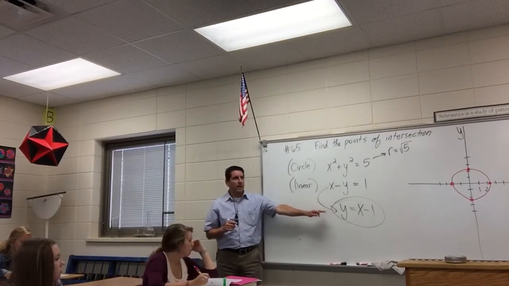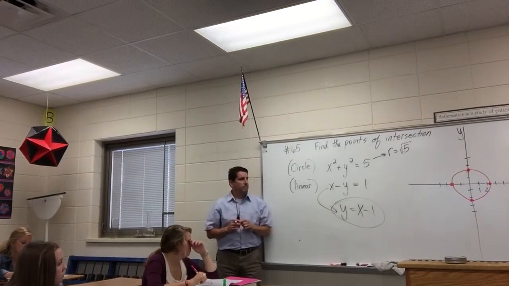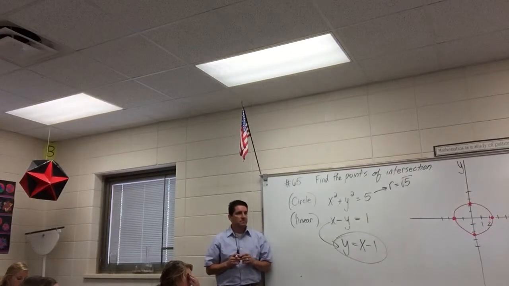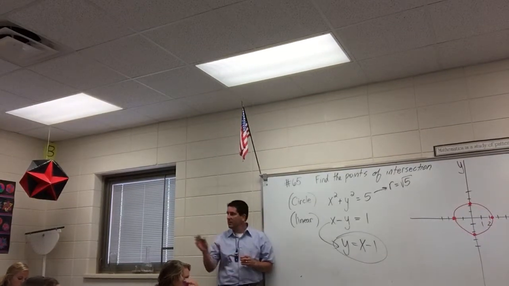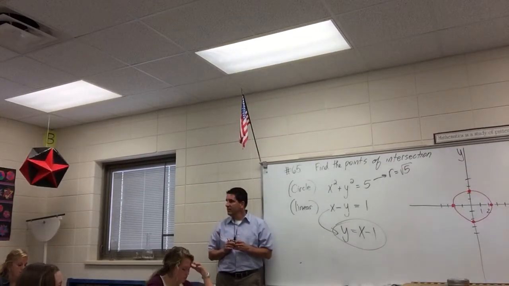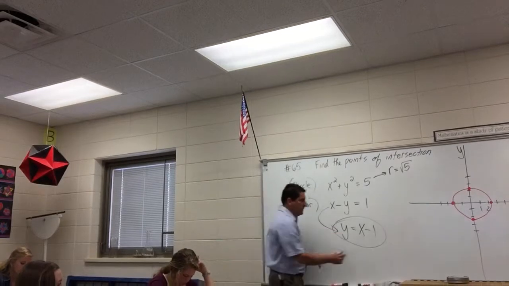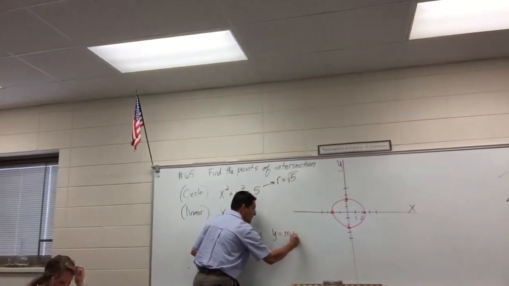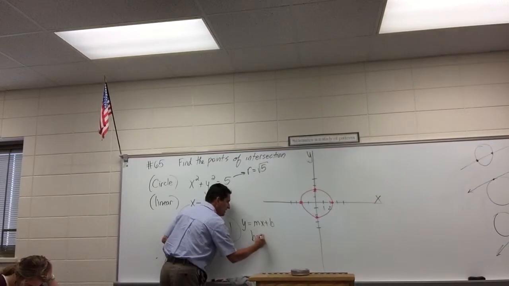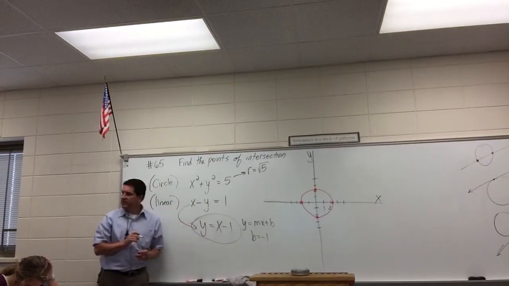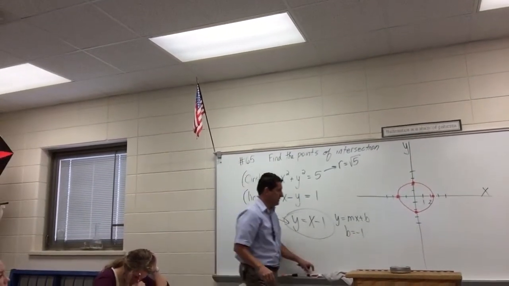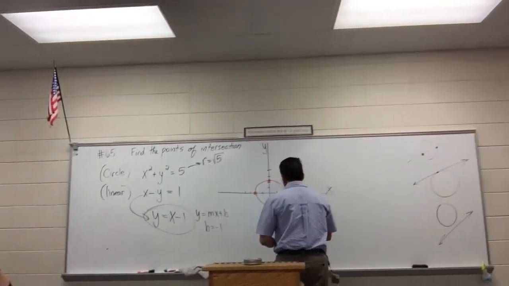What do we know about a line that's y = x - 1? You learned this thing, y = mx + b, right? So b is -1. That's the y-intercept. That's where it crosses the y-axis.